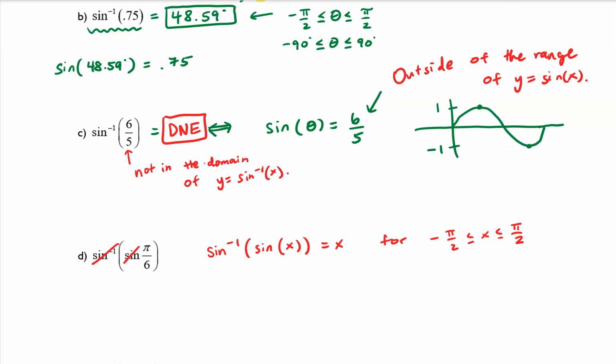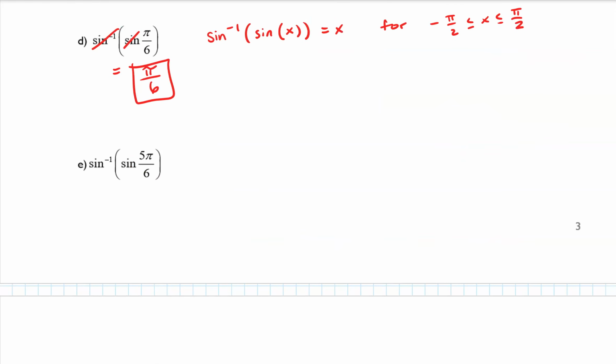So basically these undo each other, and our final answer for this is pi over 6.